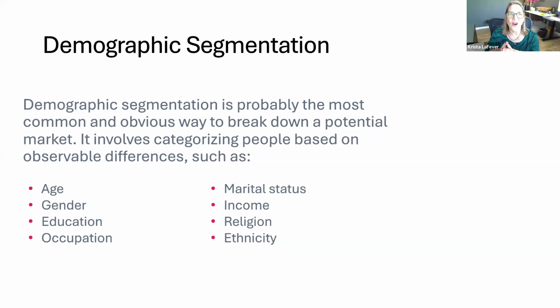All of those are part of what we can use to market to certain segments. So for example, if you are a clothing vendor, the gender is really an important segmentation for you because you're going to have different clothing for men and different clothing for women. Same thing with age. You're not going to market a child's toy to a non-parent.